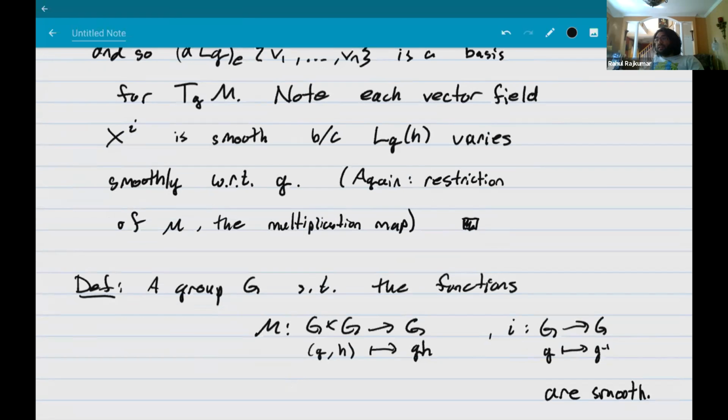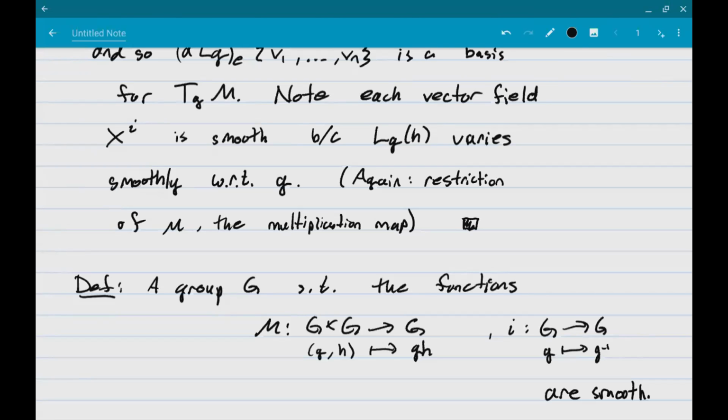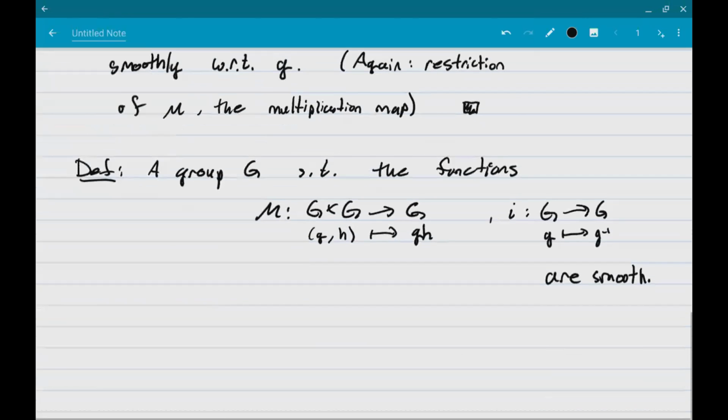Can you explain again why, note each vector field xi is smooth because L_G(H) varies smoothly with regards to G? Why does that second part imply the first? Yeah, so basically you want to show that if I choose a neighborhood around a point, as the vector field moves on that neighborhood, the choice of vector varies smoothly.